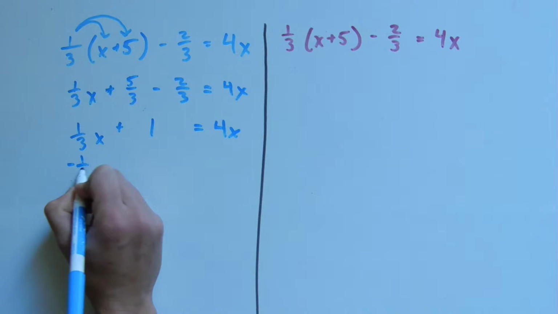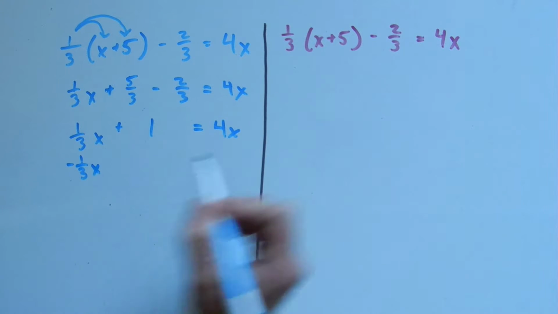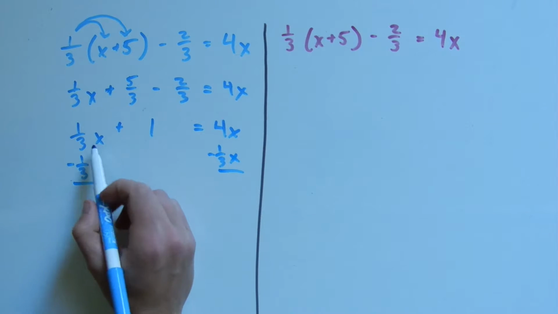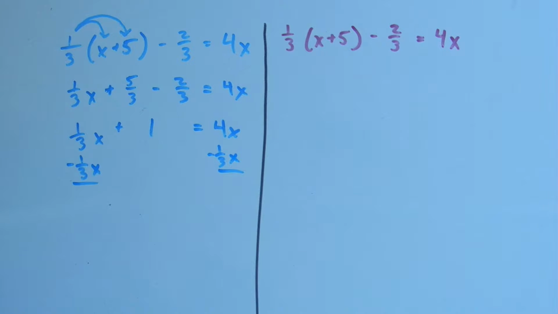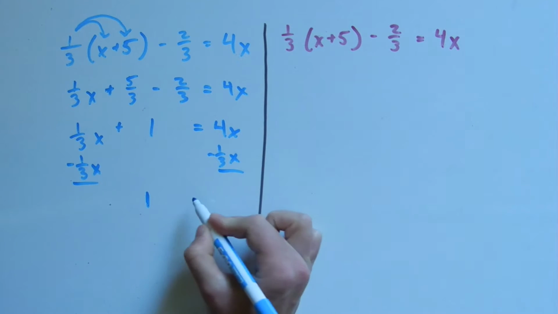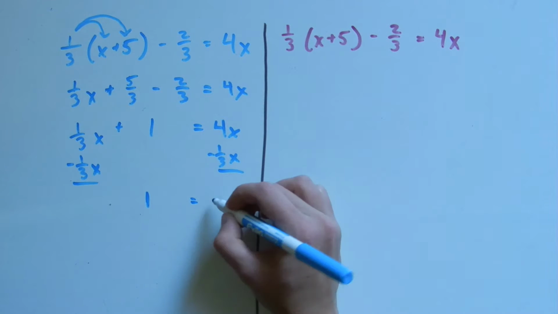So if we subtract 1/3 x, this whole quantity, we're going to be left, well, 1/3 x minus the same exact value is going to be 0, so we're left with 1 on the left side, and 4x minus 1/3 x, that's going to leave us with 3 2/3. 3 2/3 is the same thing as 11 over 3.